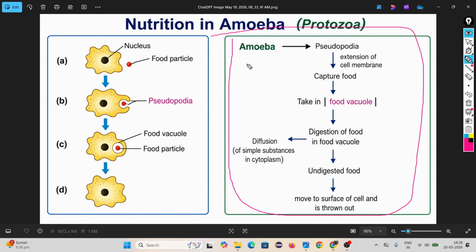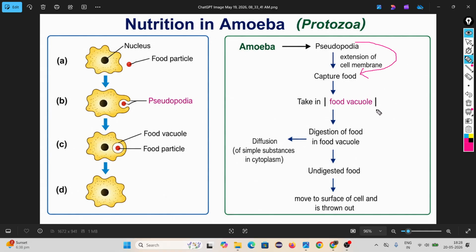You understand? First thing, amoeba is a unicellular organism. Amoeba is also called a protozoa. Whenever food is in front of the amoeba, amoeba makes a pseudopodia. Pseudopodia means an extension of the cell membrane. What is the work of pseudopodia? Capturing food.